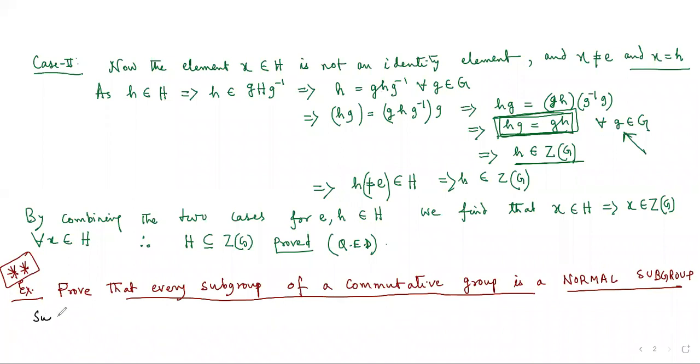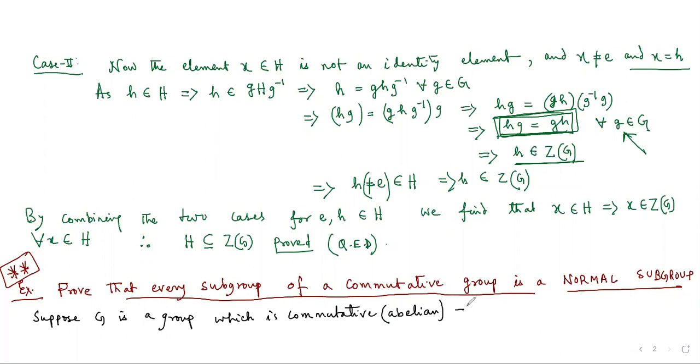Suppose capital G is a group which is commutative. Sometimes, in place of the word commutative, we can also write abelian.